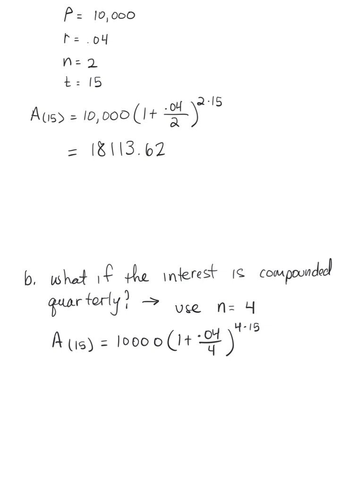So if it's compounded more often, instead of twice a year, the interest is going to accrue and be evaluated 4 times a year. So this is going to affect the growth of the money. It's going to grow quicker. The question is how much? Is it going to be significantly more, or just slightly more? So pause it here, run this through your calculator, see what you can get.